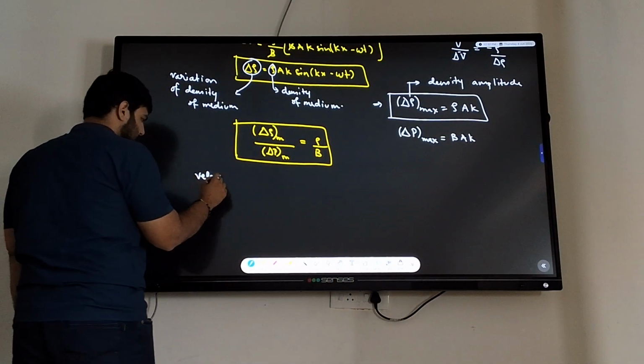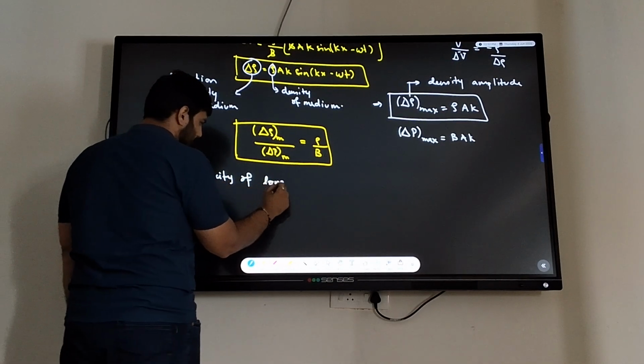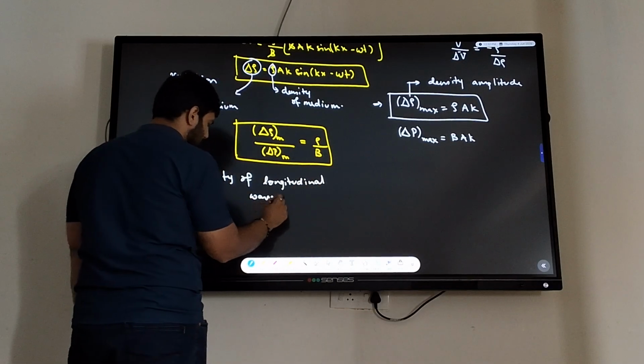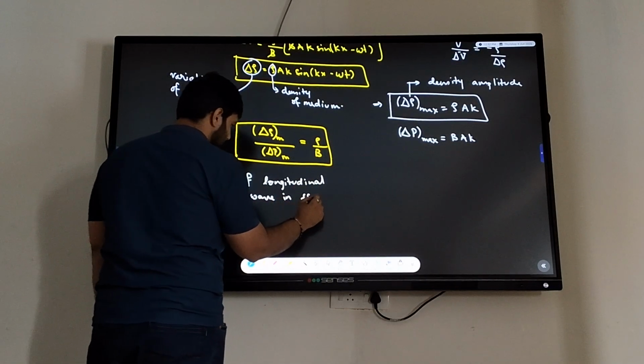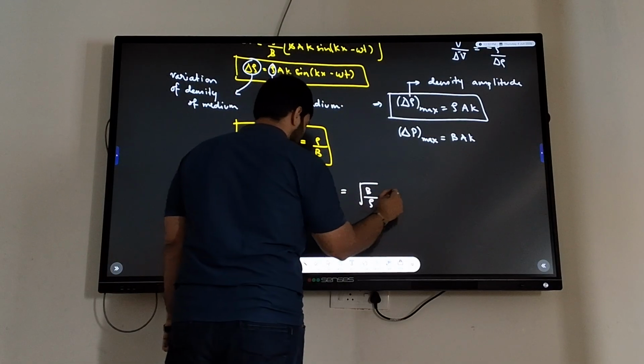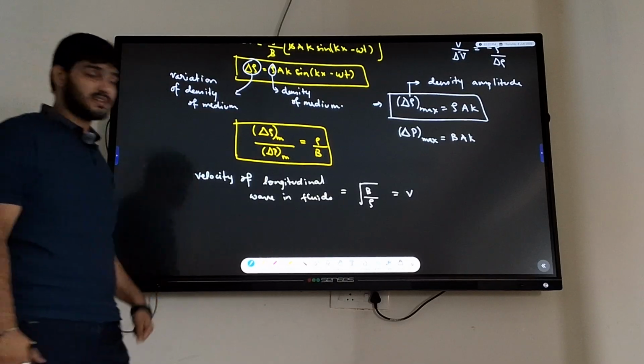रिवाइज करो, रिवाइज. Velocity of longitudinal wave in fluids is equal to root B by rho. That's B. If I take the square and reciprocal, then what will I get?